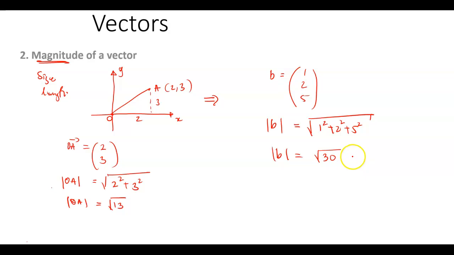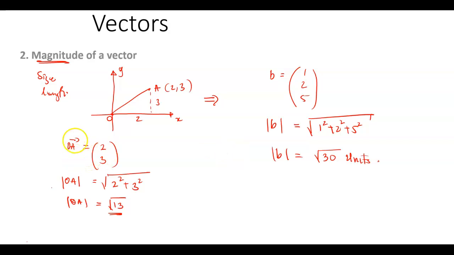That's the modulus of B, so root 30 units. All right, the size or the magnitude is very, very important, so you guys need to remember it. The vector OA has root 13 units. The vector B has root 30 units.